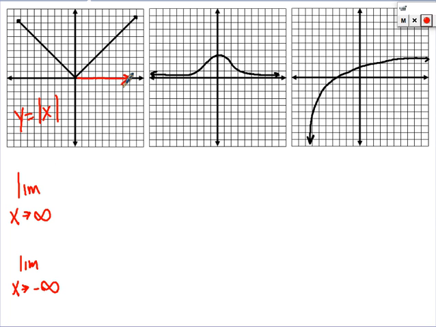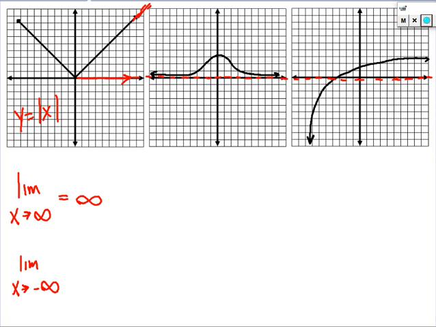So I'm going to think, if I keep going forever and ever and ever, where's my y values going? What is my y value doing? Well, this y value is going to keep going up and up and up. So by the time it gets over here, it's going to be way up above my board. Way, way, way up. So we can say the limit as x approaches infinity is going to be infinity.